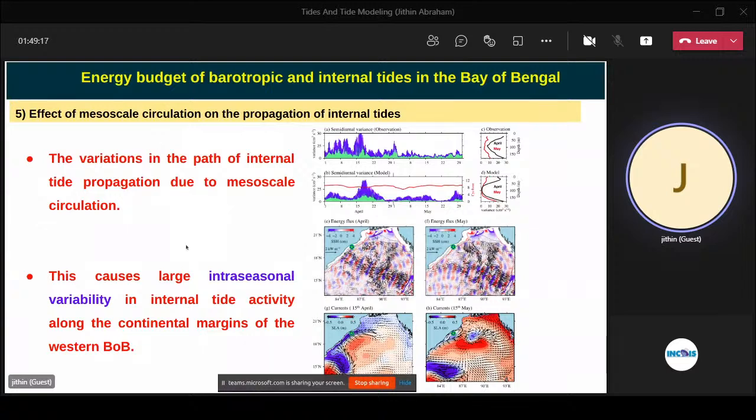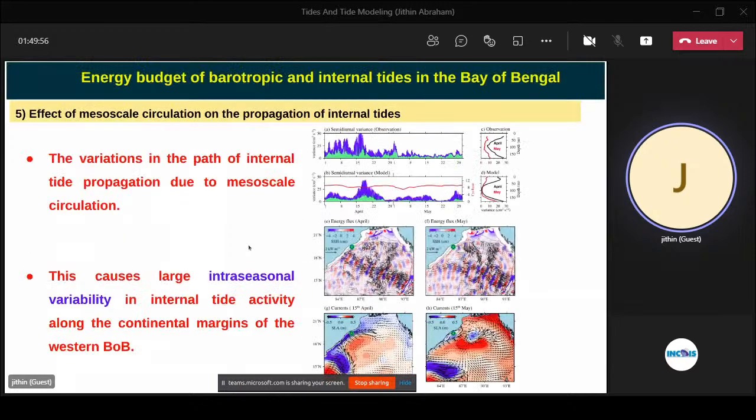So the path of the internal tides changes due to variation in the mesoscale circulation in the central bay, and such changes result in changes in the arrival of internal tides along the coast. So it is observed that the intra-seasonal variability in internal tide activity along the western Bay of Bengal results from changes in the mesoscale circulations.